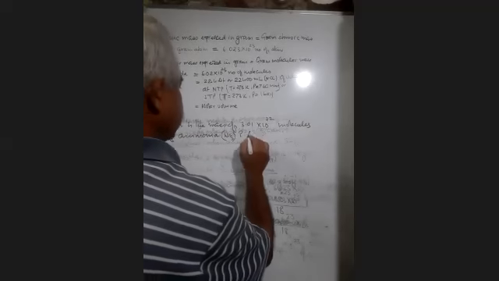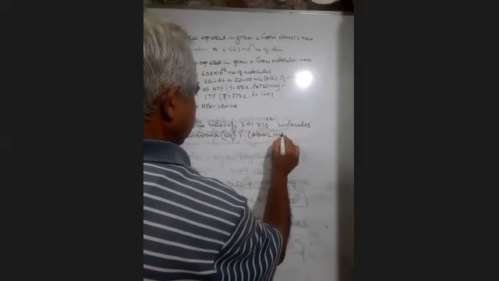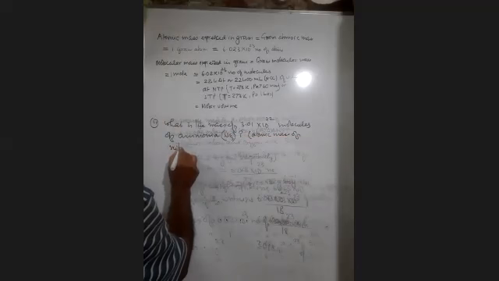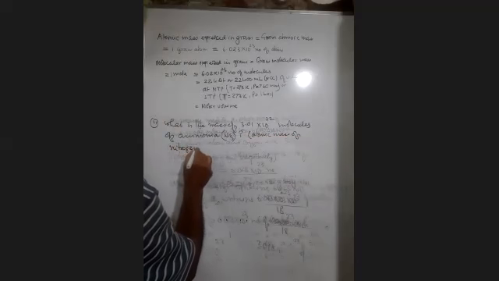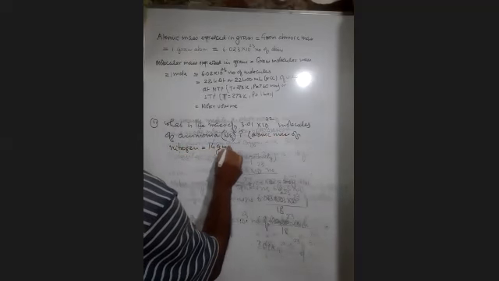Do you know the atomic mass of nitrogen? Atomic mass of nitrogen is 14 gram mole inverse. Hydrogen you know, so I'm not writing. Think and do.